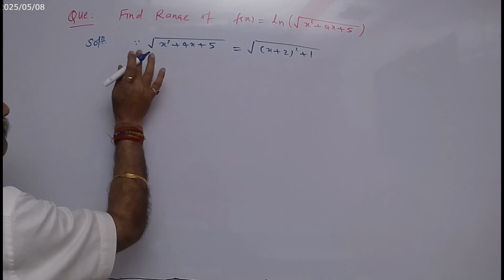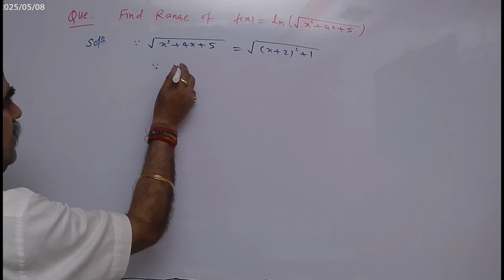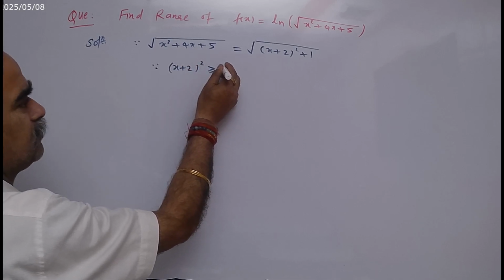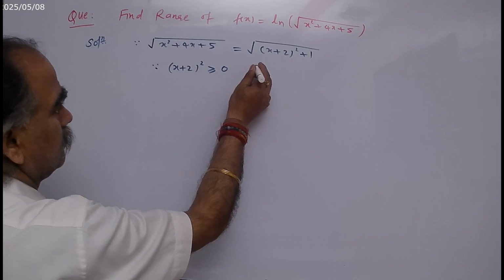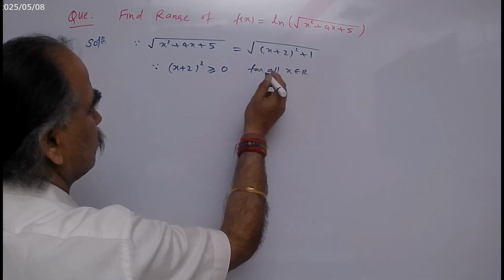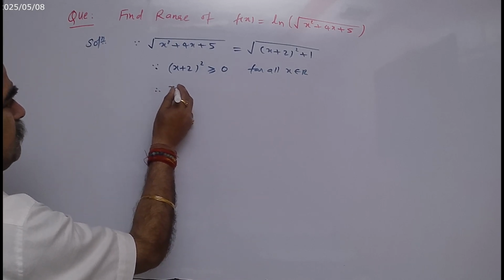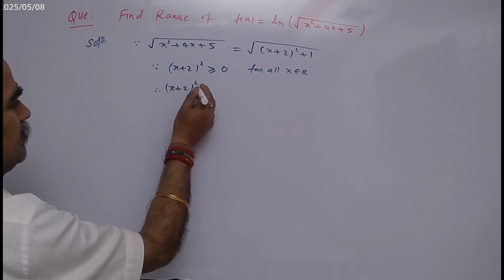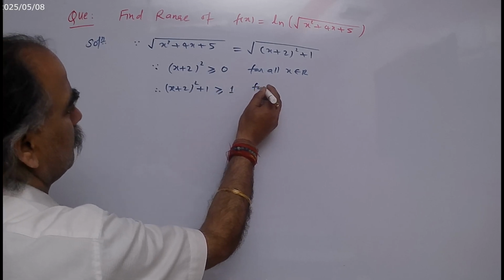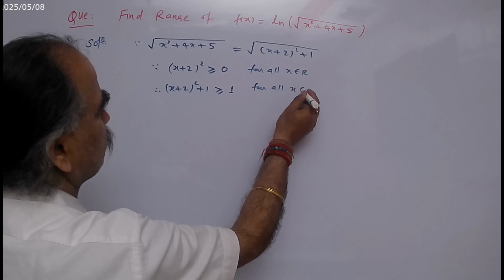Since (x plus 2) square is what? Greater than or equal to 0 for all x belongs to real numbers. Therefore (x plus 2) square plus 1 will be greater than or equal to 1.